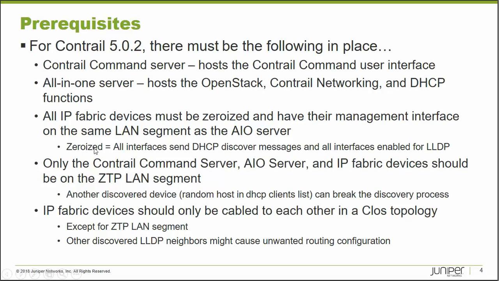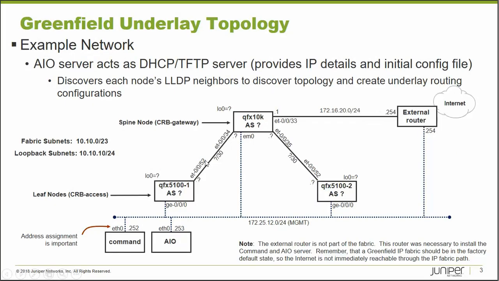What does zeroized mean? Most importantly, it means that all the interfaces are sending DHCP discover messages, and all interfaces are enabled for LLDP so they can discover their neighbors. Going back, if I go back a slide, the QFX10K is going to discover 2 LLDP neighbors. And based on that bidirectional neighbor relationship, the AIO will detect that and be able to log into these devices.